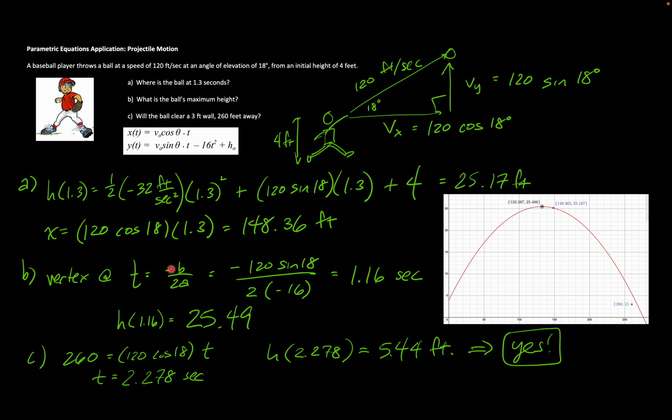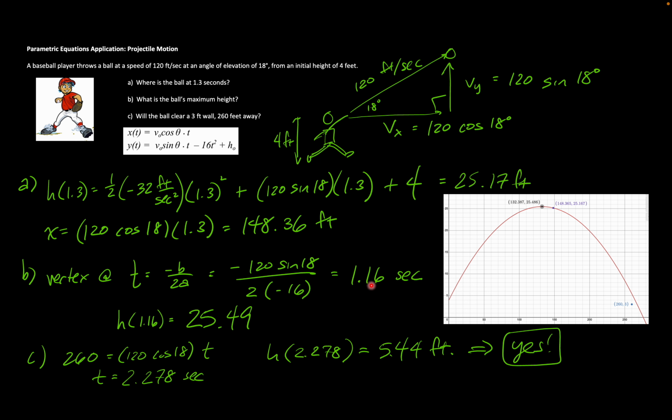So if I look at the quadratic equation, the coefficients are 120 sine 18 is my b, so I need to make that minus b. And my a is the negative 16 that I need to multiply by 2.